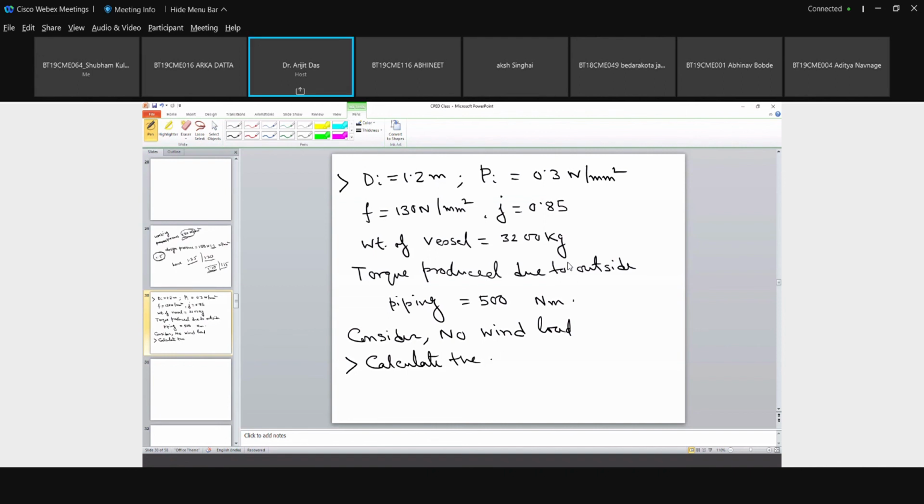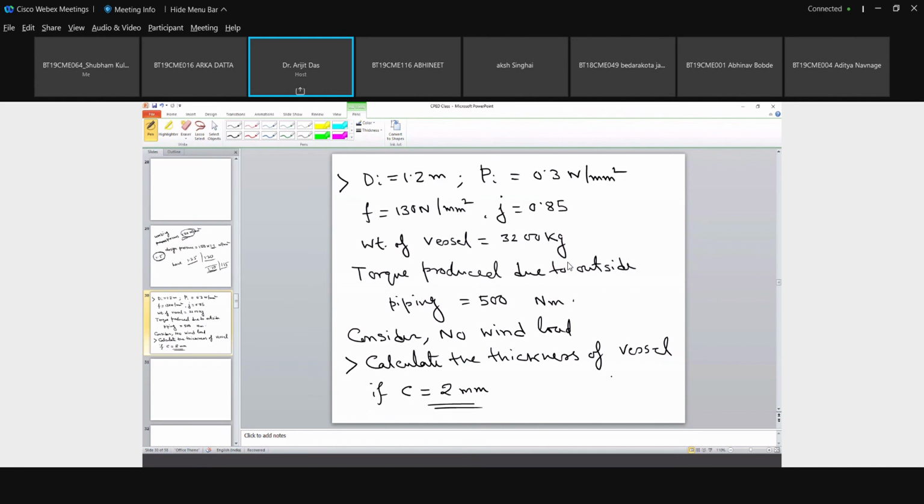If C, the corrosion allowance, equals 2 mm, find the value of T.